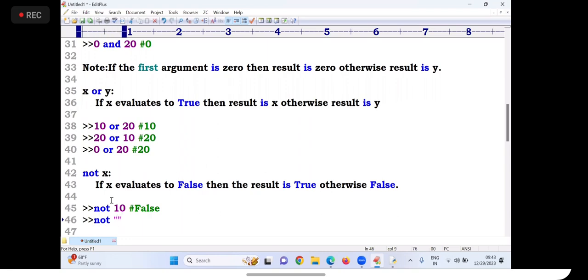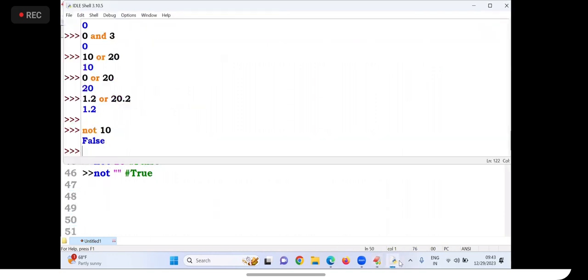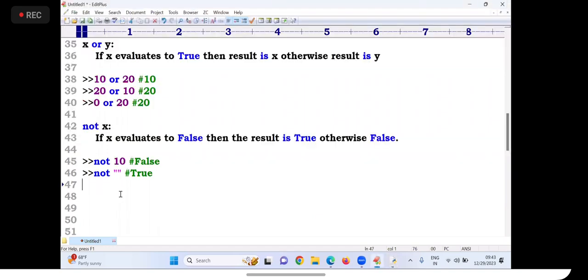Not empty: empty string means false, not false means true. Check this, not empty. What is it? True, because the empty string is false and not false means true. So that is the AND, OR, and NOT behavior of non-Boolean types.